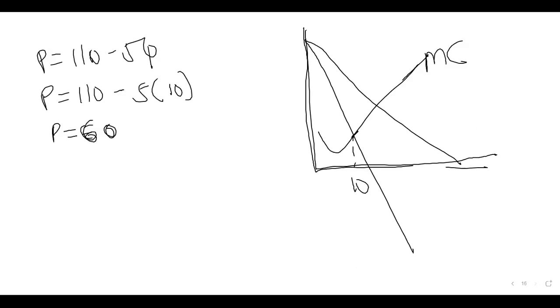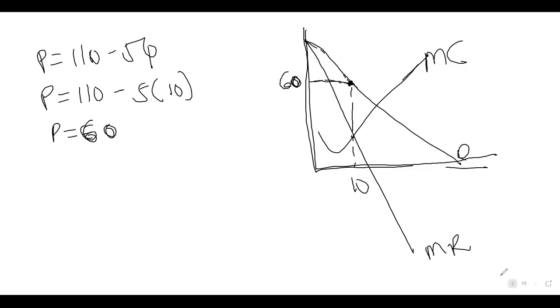Now, to get the equilibrium price, remember this is marginal revenue and this is demand. The marginal revenue curve cannot give us price, so you must trace the quantity to the demand function to get the equilibrium price. The equilibrium price is 60.